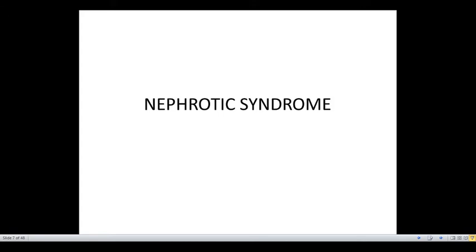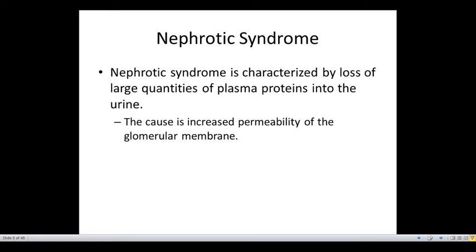Nephrotic syndrome. Nephrotic syndrome is characterized by loss of large quantities of plasma proteins into the urine.